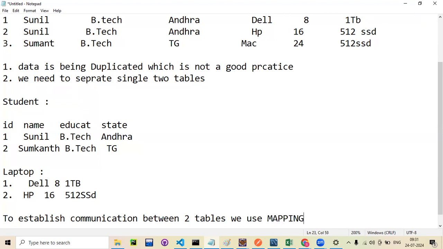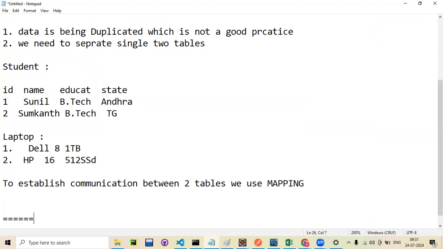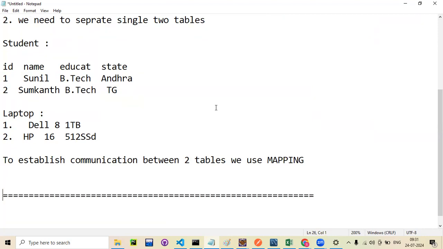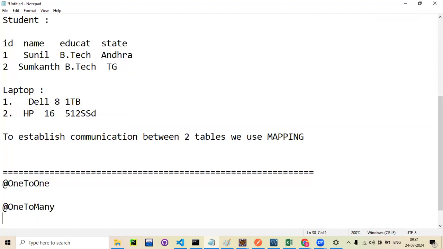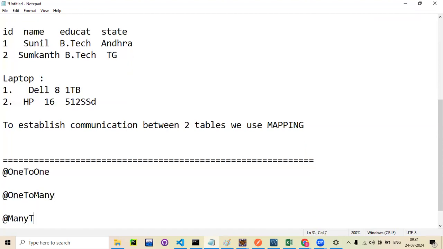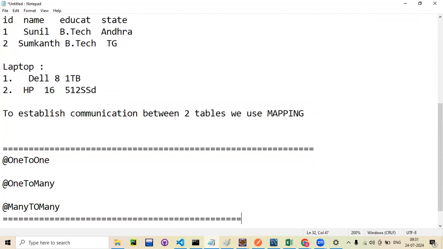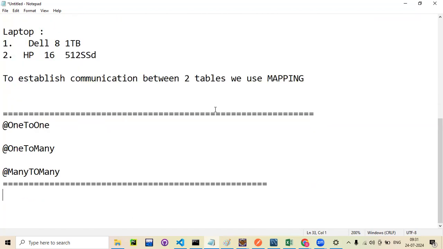There are multiple types: one to one, one to many, many to one, and many to many.